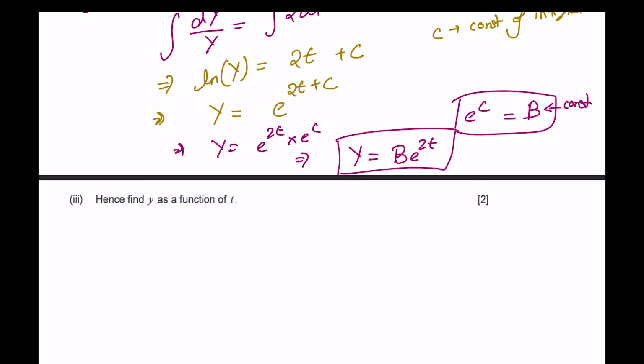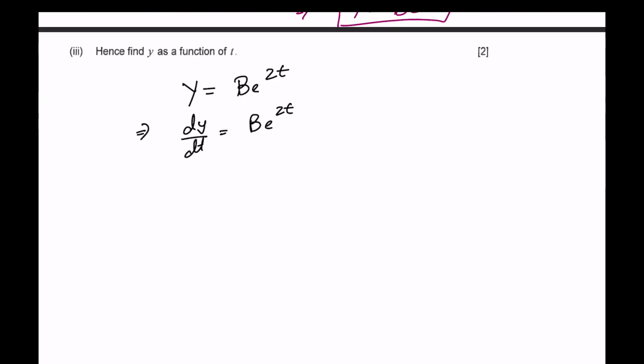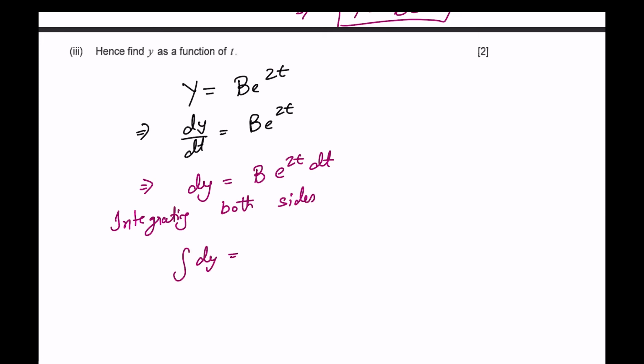Now the last question: we have to solve for y, which is again not difficult. So capital Y is equal to b e to the power of 2t. So Y should be replaced with dy by dt. Here again it's a simple integration. It will be integral of dy equals integral of b e to the power of 2t dt.